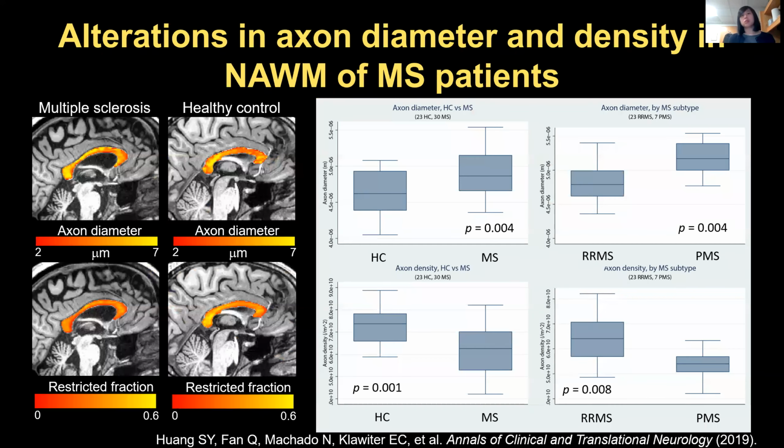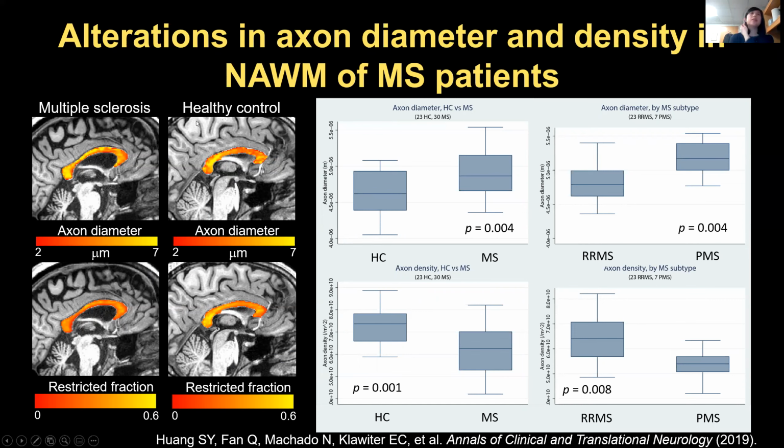And so we sought to validate these findings that we had in the smaller group of pilot subjects in a larger cohort. Here we evaluated the axon diameter and density obtained by high gradient diffusion MRI in the normal appearing corpus callosum of a larger group of MS patients and compared them to healthy controls. We also sought to evaluate the relationship of these advanced diffusion MR metrics with disability.